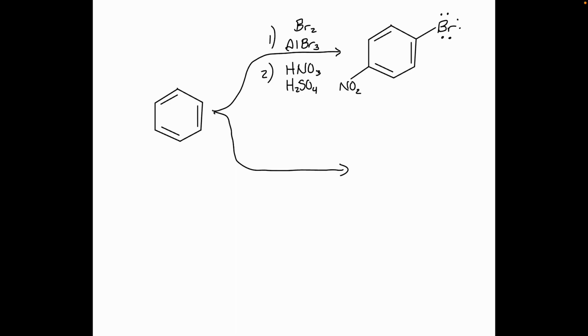All right, but what's going to make this very interesting is we don't have one size fits all rule. If I took these same two reactions and I reversed the order, I first did my nitration reaction and then did my bromination reaction afterwards, I would actually get a different product. I would get the meta product.